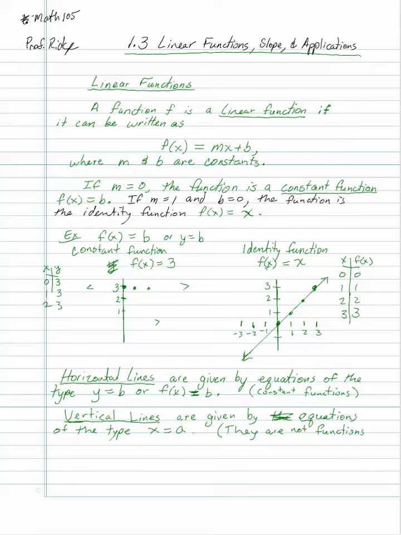I used to, as a student, always get confused with this because when I think y equals b for a horizontal line, well, the y-axis is a vertical line. And so with y equals 5, I would get it wrong as a student because I would think, okay, y equals 5, y is a vertical line, so I'd go to 5 and draw a vertical line.